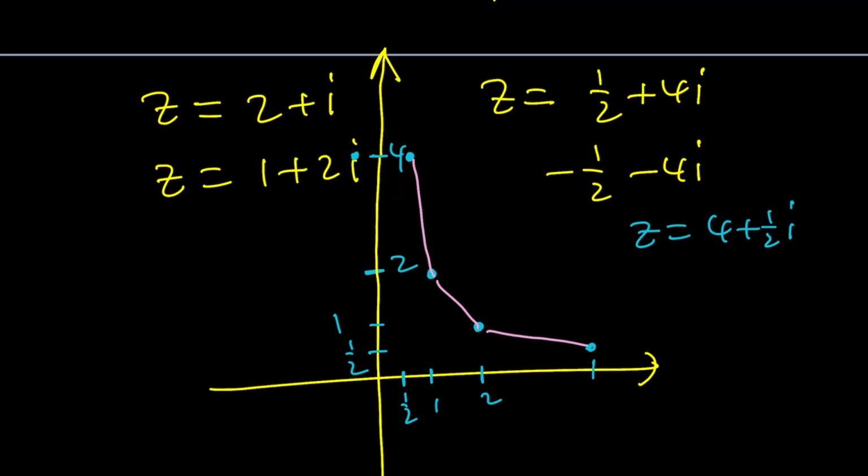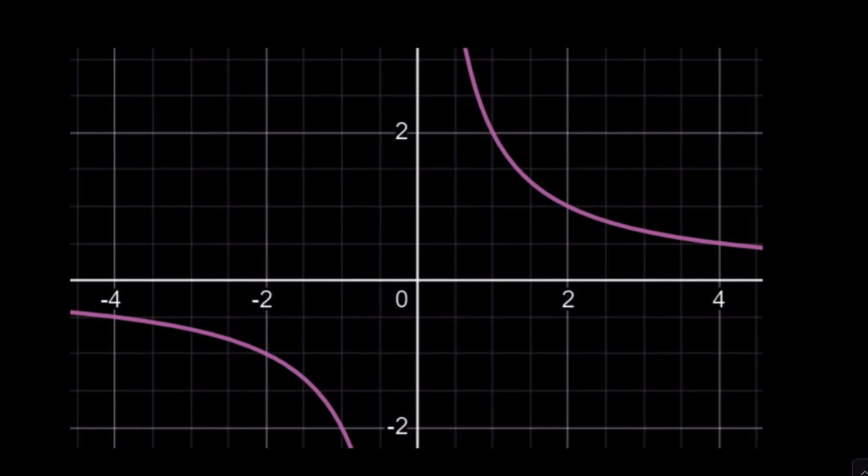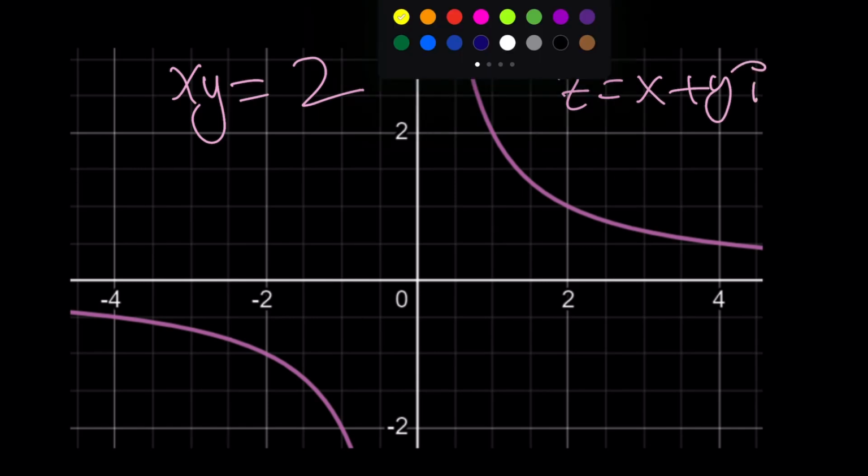No, you must use a smooth curve, not like that, right? So you kind of need to go smooth like this, maybe, right? Okay, what does that look like? Let's find out. That's actually a hyperbola. So our equation is xy equals 2, z is equal to x plus yi, and this is our locus or loci or whatever you want to call that.